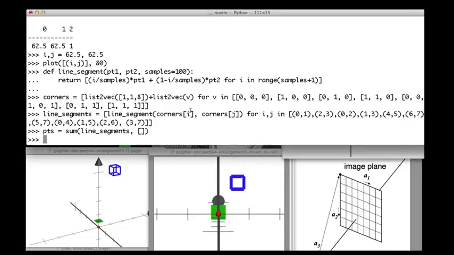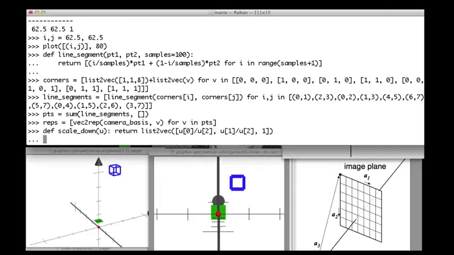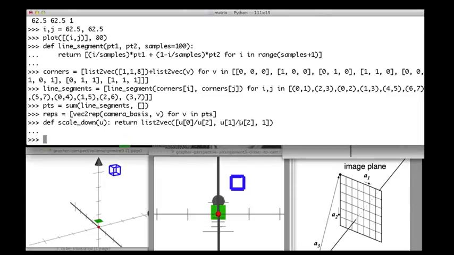Now, the first step in rendering these points is to find their coordinate representations in the camera coordinate system. Next, we have to find the corresponding points in the image plane. We do that by scaling down by the third coordinate.